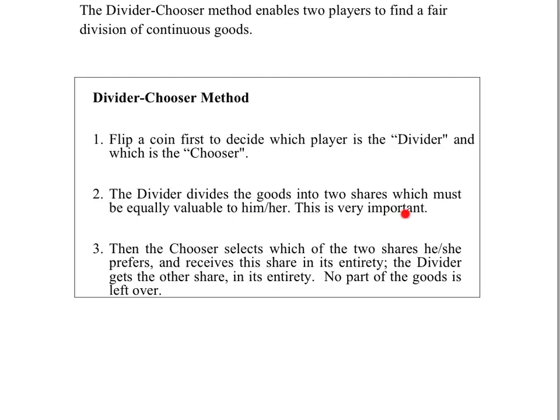This is very, very important. So the divider has divided all the goods into 2 shares, and now the chooser selects one of those shares, and then the divider will get the other. The chooser selects which share to receive in its entirety. The divider will get the other share in its entirety. No part of the goods will be left over.